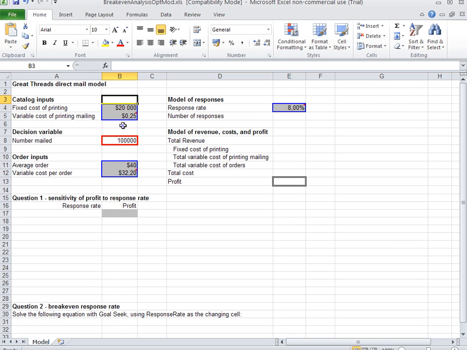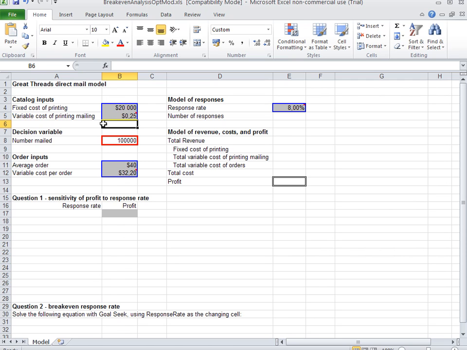And of course there's another cost associated with printing as well. That one depends on the number printed. So we decide we're going to print right now 100,000 catalogs, and there's something called variable cost of printing, which means that each catalog costs 25 cents to print and to mail for us.